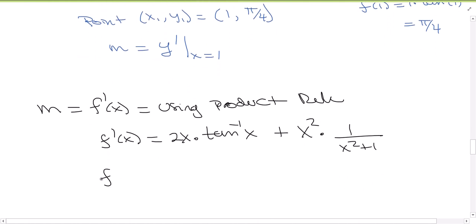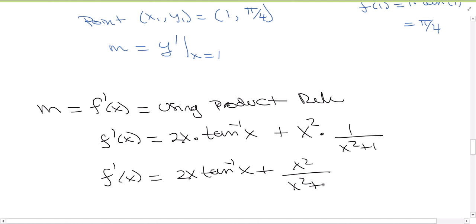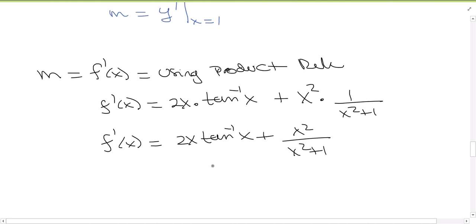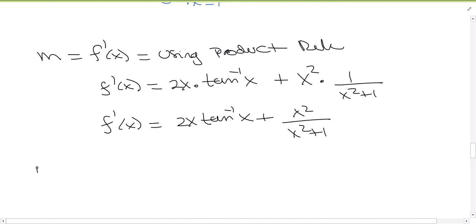And so, can we simplify this? 2x inverse tangent of x plus, there's not much we can do there except write the numerator with the 1. So x squared times 1 is just x squared over x squared plus 1. Be careful not to say you can cancel those, right? You cannot. And so evaluate it at x equals 1. So the slope is f prime of 1.